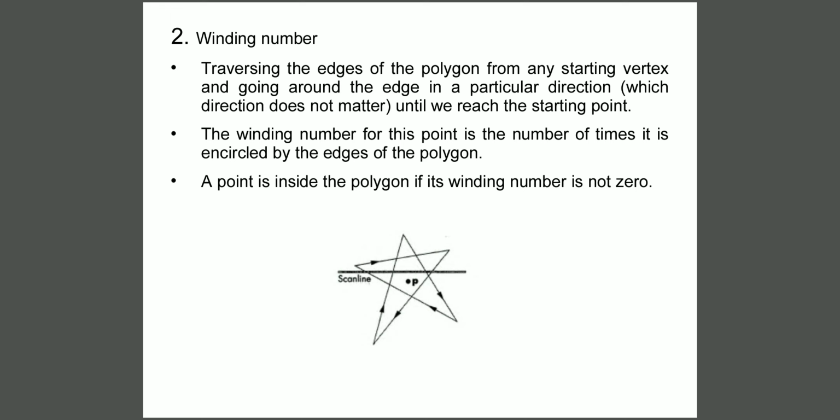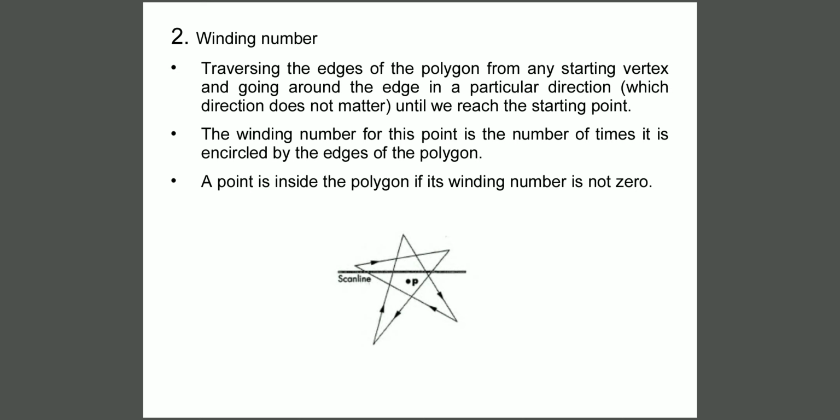That is the first step we are supposed to do. After that, select any random point inside the polygon and then identify how many times the edges encircle it. That is nothing but its winding number.